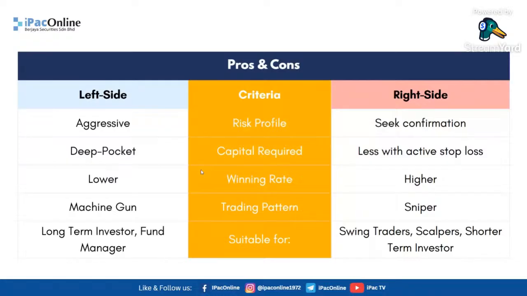And of course, if we are trading on the left side, trying to call the low, many times the share price might continue to go lower, and we definitely need to have deeper pockets compared to trend traders, compared to right side traders. We have to go in and buy as we believe it is forming the bottom.